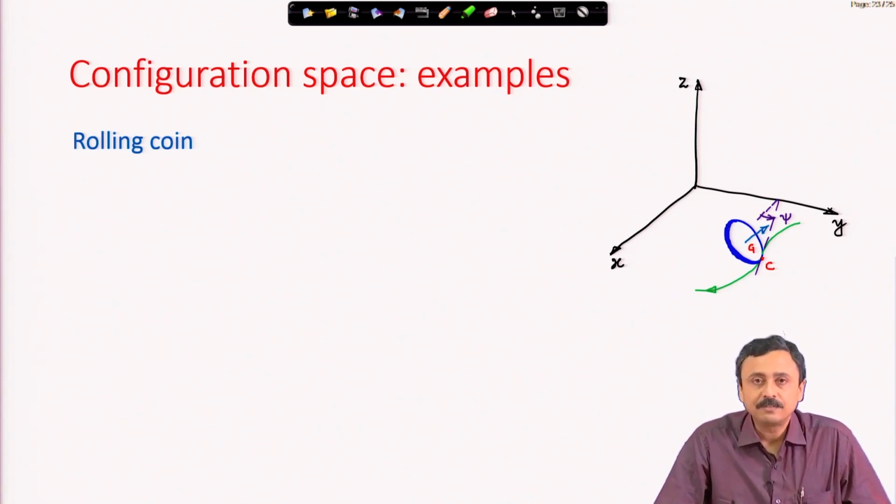Let us define a coordinate frame direction which is perpendicular to the face of the coin, which is a very natural choice and passes through the center of mass G of the coin. Another coordinate axis which is parallel to the direction of current motion and which is horizontal.